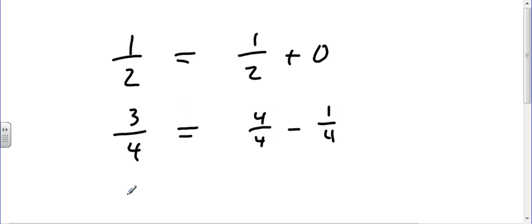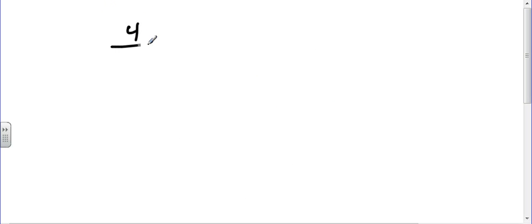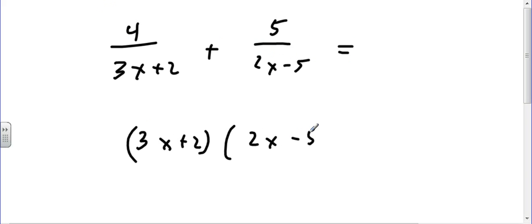We're going to have the answer, and we're going to break it up into what we call partial fractions and find out what the problem was. All the rest of the time we came up with the problem, right? So it's 4 over 3x plus 2 plus 5 over 2x minus 5. And then we say, okay, well, we have a common denominator, 3x plus 2 times 2x minus 5.